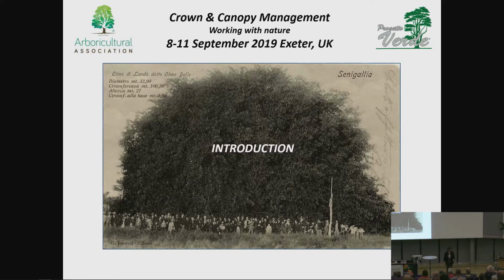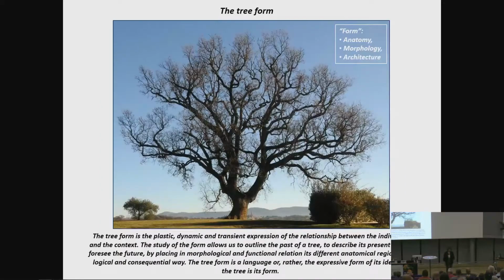So first, we need to introduce some terms. And probably the most important term of today for my presentation is the word form. So what's the form? The tree form is the plastic, dynamic, and transient expression of the relationship between the individual and the context.